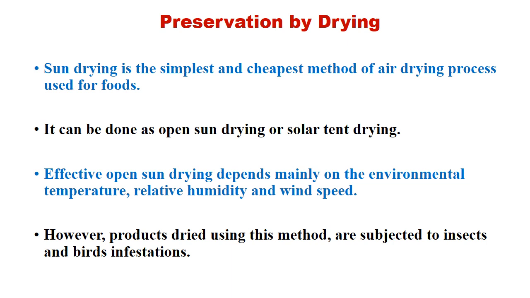Effective open sun drying depends mainly on the environmental temperature, relative humidity, and wind speed. So if the temperature is high, the relative humidity is low, and the wind speed is high, these three things decide the rate of drying: higher temperature, lower humidity, and higher wind speed. These three things help in evaporation and faster drying.